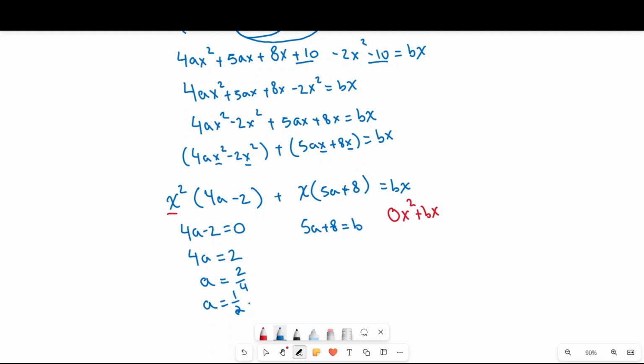Now, since we have the value of a, we can plug that into this a over here to find the value of b. So 5 times 1/2 plus 8 is equal to b. Now we multiply 5 times 1/2, which gives us 5/2 plus 8 is equal to b. And we can write 8 as 16/2 because 16 divided by 2 is 8.